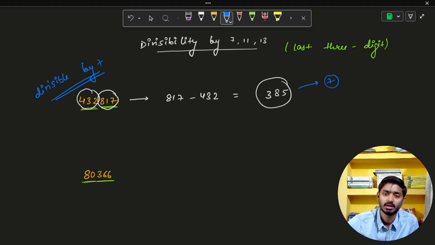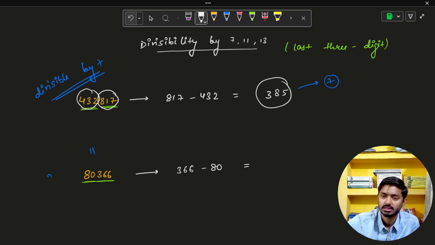All right. Over here we'll check divisibility by, let's say, 11. What we do is we write 803 minus 80, my bad. The pair is 80. So obviously 366 is greater. We'll subtract 80 from 366.